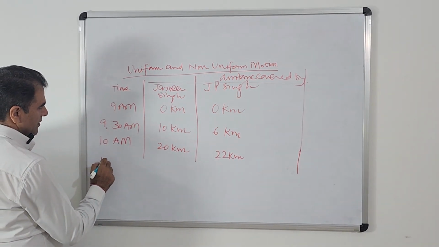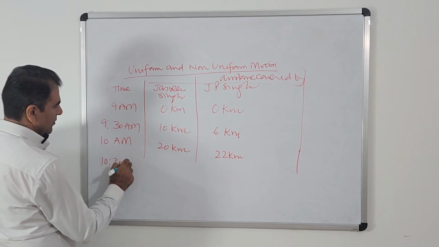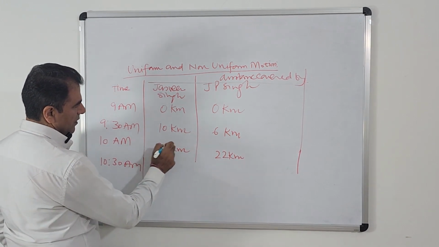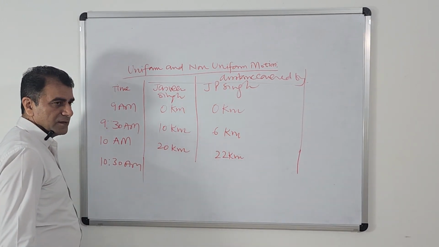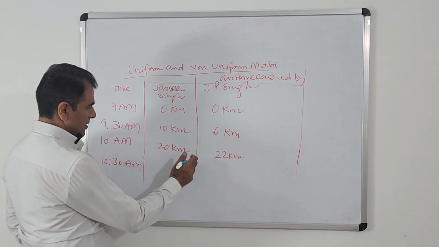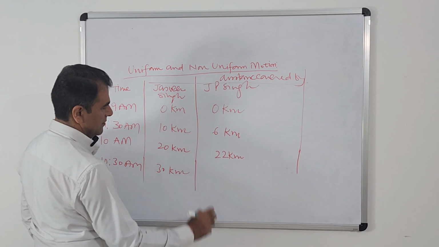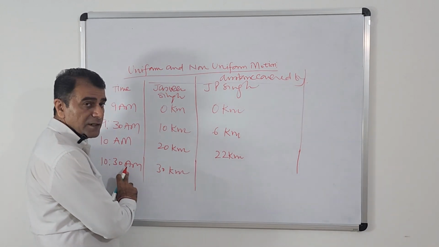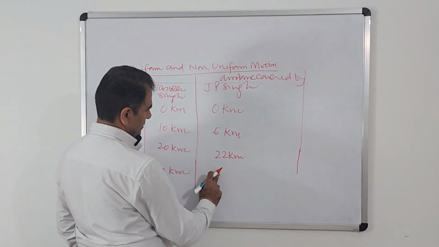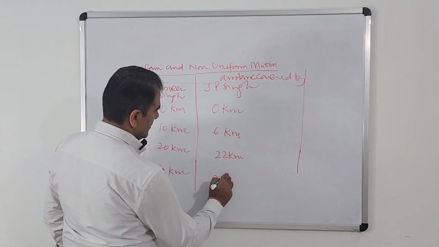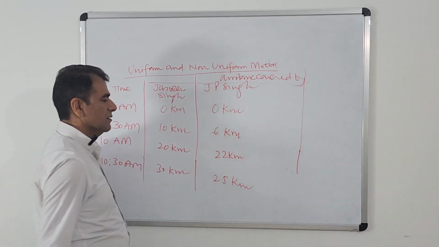Now at 10:30 a.m. Jasveer Singh covers 30 kilometers, and JP Singh covers 25 kilometers.